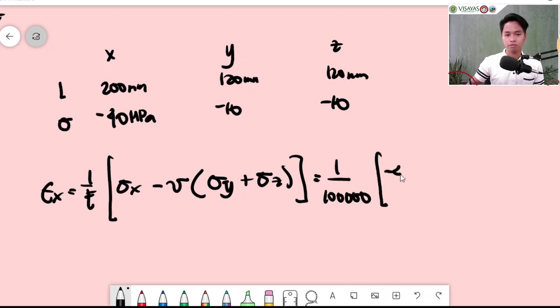That would be negative 40 minus Poisson's ratio is 0.25, times negative 10 minus 10.